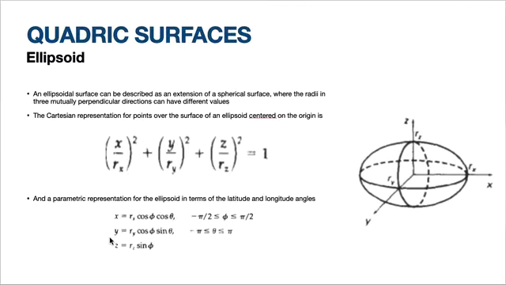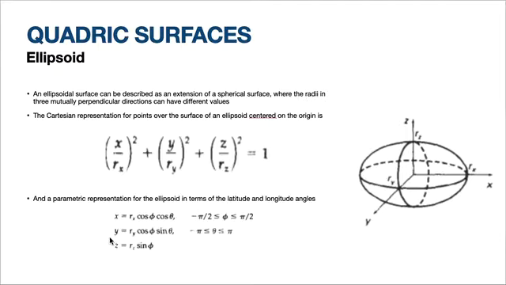Okay. So next is ellipsoid. Ellipsoid is a surface that can be described as an extension of a spherical surface. But here the radius will be different in different directions.